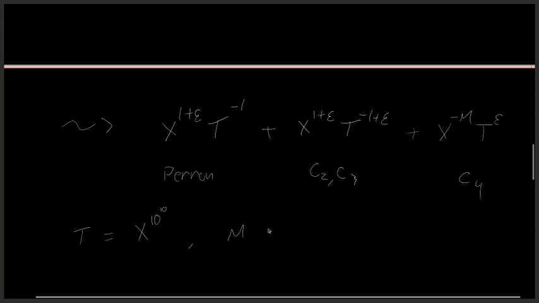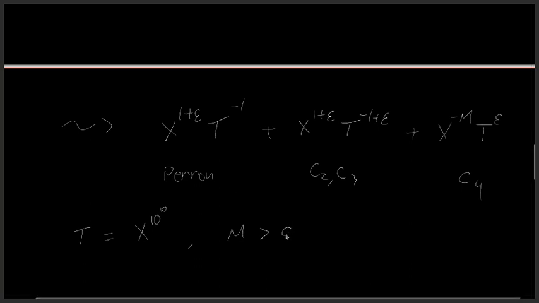Because take m to be such that this term ends up being small. So take m to be greater than, going to have to be epsilon times 10 to the 10, is this right?